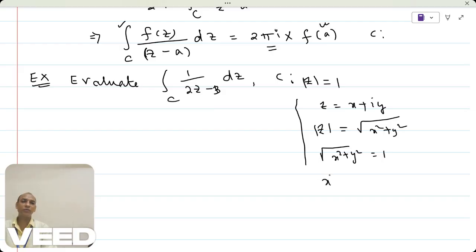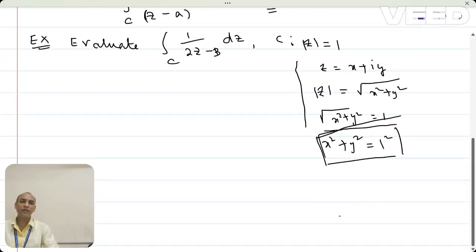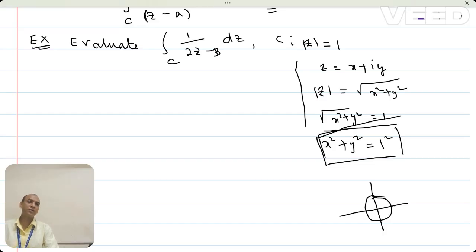Now if I take square on both sides, I will get x square plus y square equal to 1 square. And what is this? This is nothing but a circle with center at origin and radius 1. So hereafter, whenever I am talking about mod z equal to something, you understand that that is a circle.